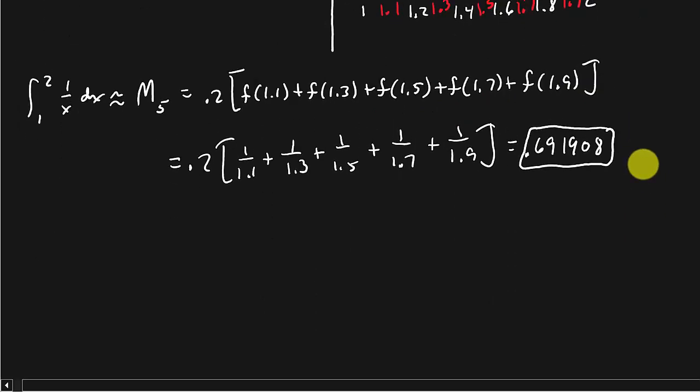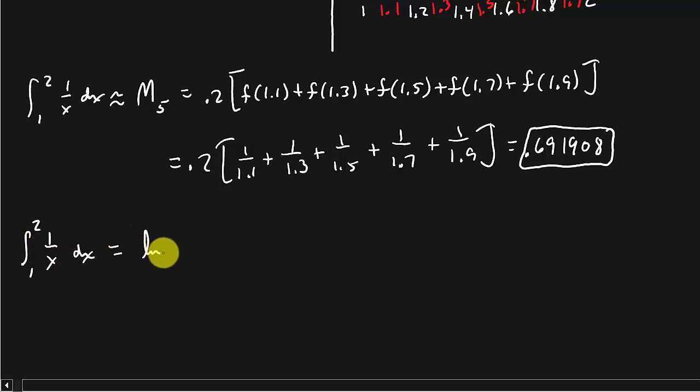So let's look and see what kind of error we get. To find the error, we actually need the exact value. So the exact value is the integral of 1 over x dx from 1 to 2.